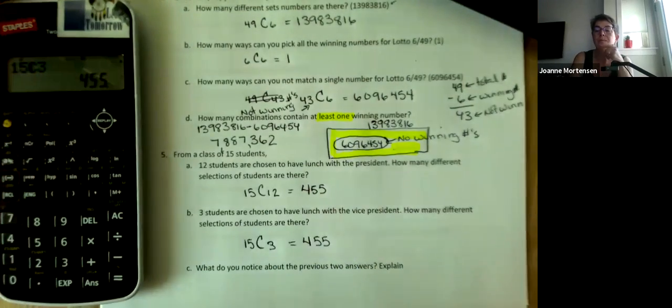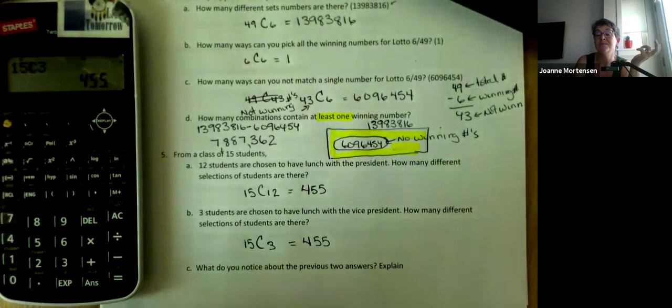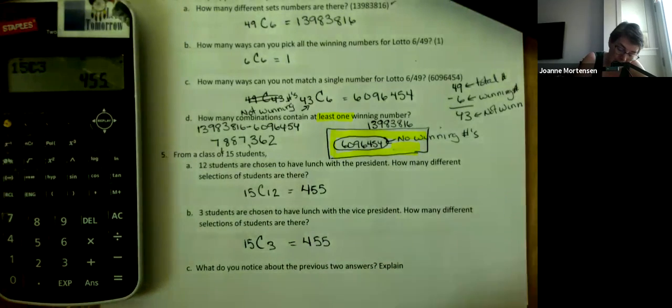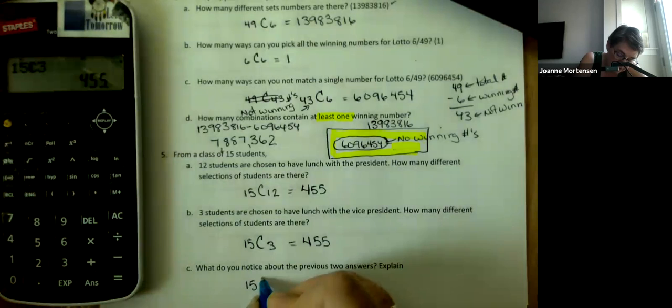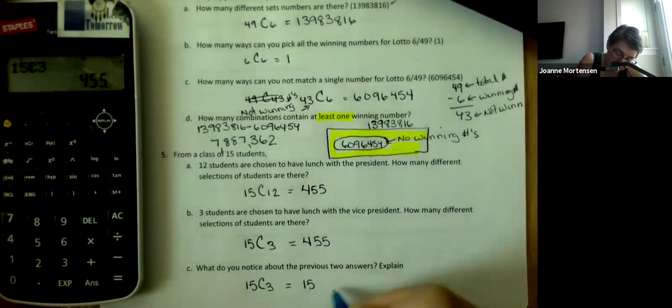Okay, so my point here is if you were picking the 12 students to have lunch with the president, could you see you could get the exact same process done if instead of picking 12, you just picked the 3 that didn't go? So 15 choose 3 is equal to 15 choose 12.